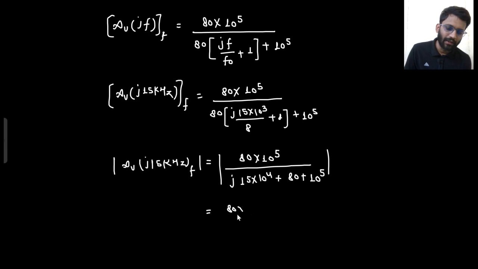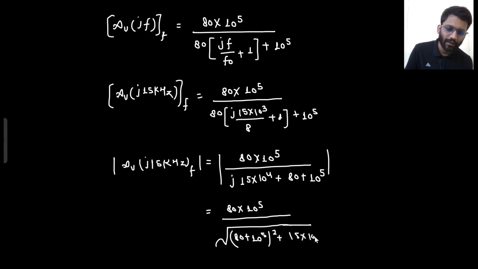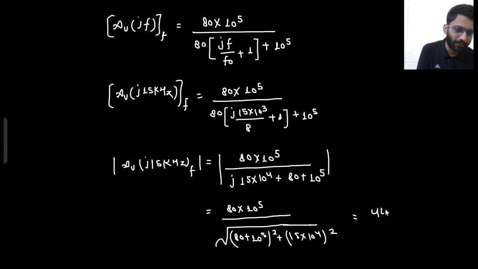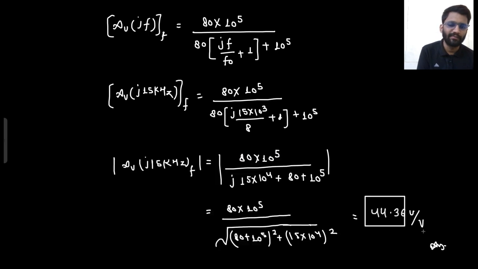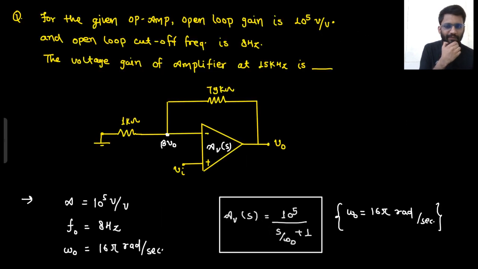Now this will be 80 into 10 to the power 5 divided by under root of (80 plus 10 to the power 5) whole square plus (15 into 10 to the power 4) whole square. I will bring the calculator and write down the answer. If we solve this expression, you will get 44.36 volt per volt. So this was the exact answer. This is the gain we are getting at that particular frequency.